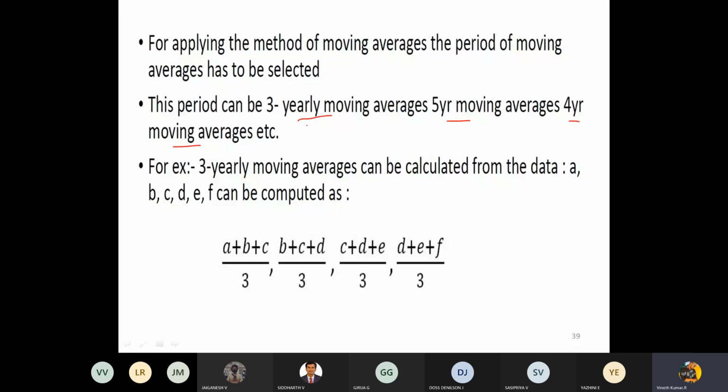For example, if I take a 3 yearly moving average value, then I'm going to take three data only. For example, in the question they give A, B, C, D, E, F. Six variables are given here. So it is a 3 yearly moving average.